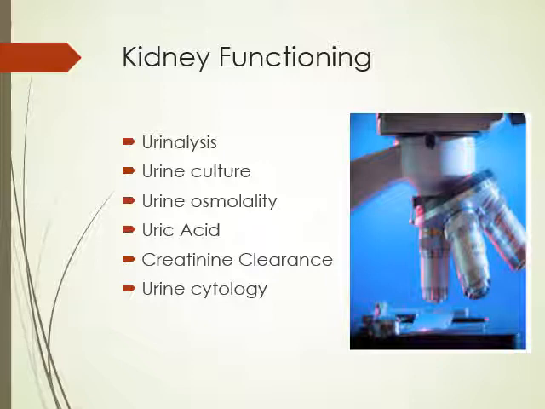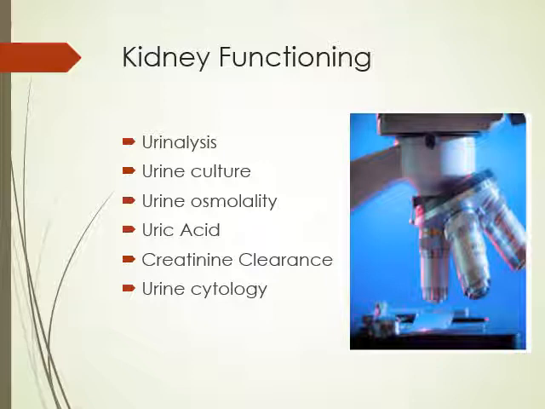For urine osmolality, normal is greater than 850 milliosmoles per kilogram. A person who is dehydrated or has chronic renal disease, those problems will affect the value. What would you expect to see?